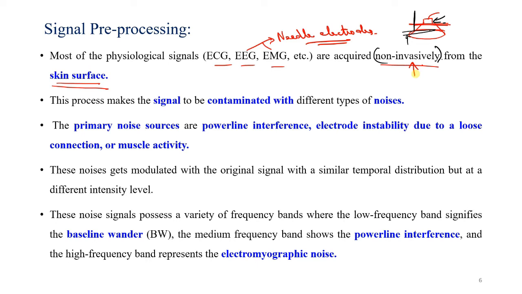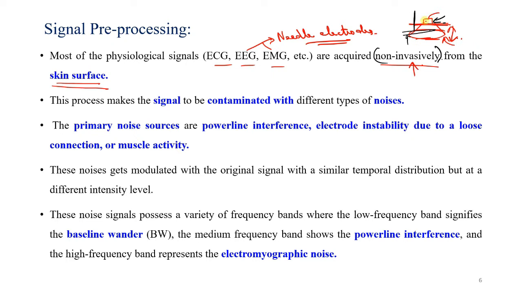But the problem with this non-invasive system is that it is getting information from a wide area, so it is basically giving you an average. Also, if you consider the signals coming from a depth, they will have a very low contribution to the signal component.